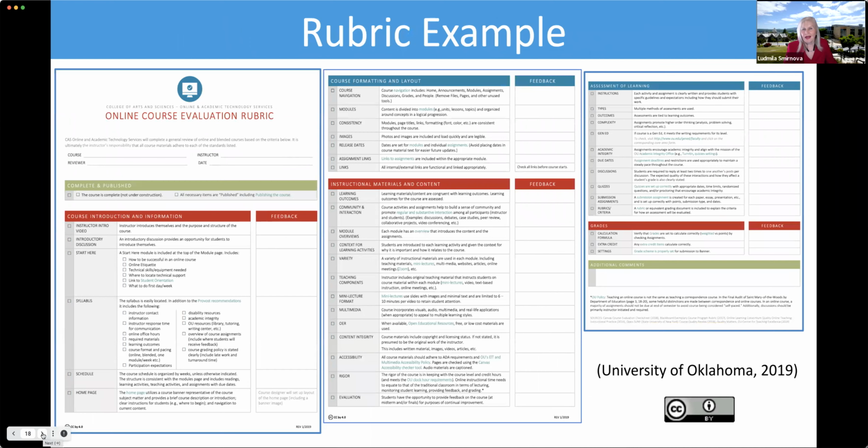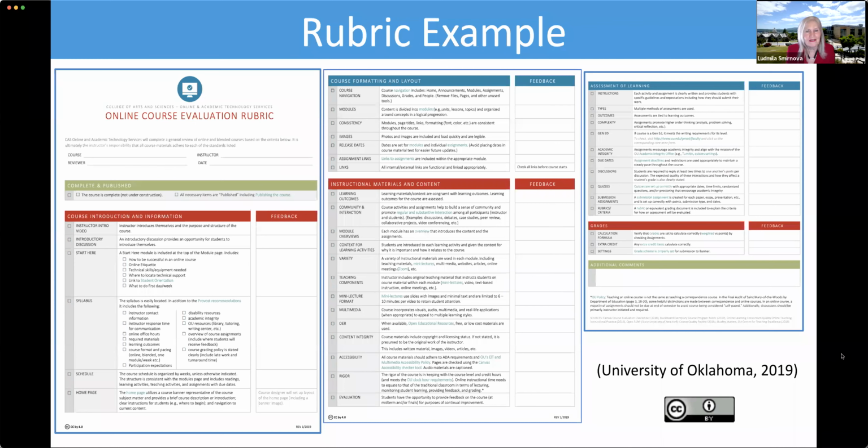And so now I would like to comment on a number of rubrics from different institutions, from different universities. These rubrics are available on universities' websites. And this is the University of Oklahoma.